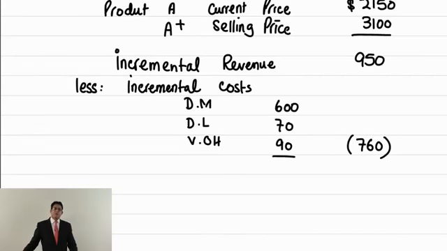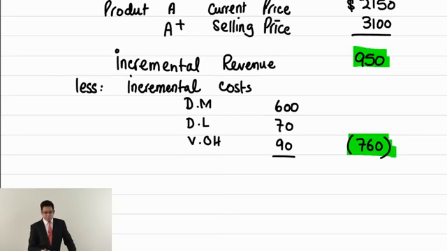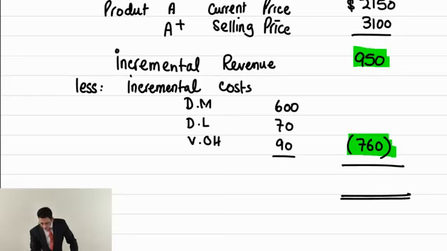So if we convert A into A plus, we will generate additional revenue of $950 after spending cost of $760, and I think it would still generate an incremental profit after further processing.